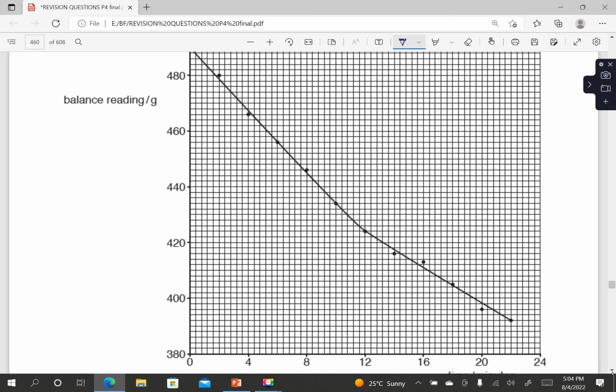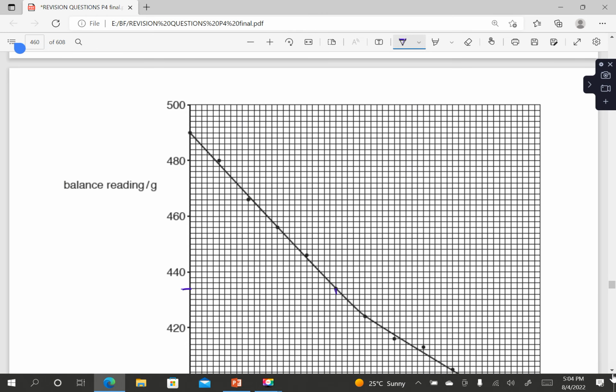So from t equals 0 to t equals 10 minutes, let's first look for 10. I think 10 is here. We can check the mass here. At t equals 0, what is the original mass from the graph? When you check the scale on the vertical, this is 480 minus 460, that is 20 divided by 10, so each small box is 2.